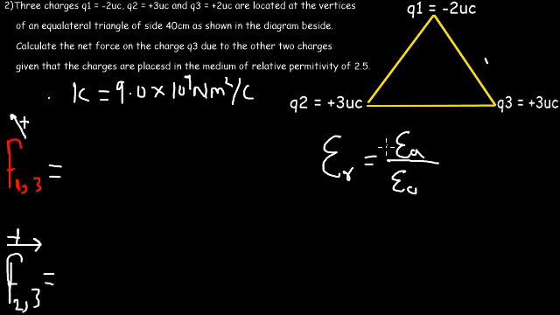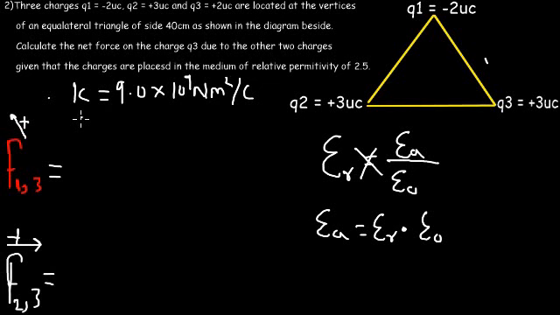So we will need to solve for epsilon sub a in order to get the value of k to use in this problem. If I cross multiply, epsilon sub a will equal epsilon sub r times epsilon sub o.